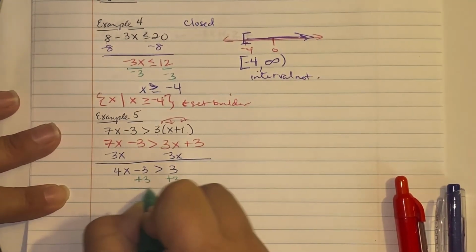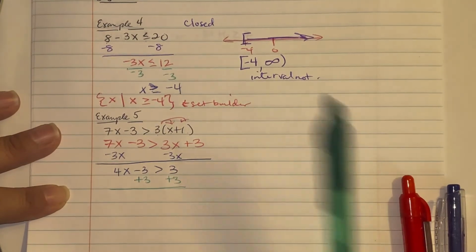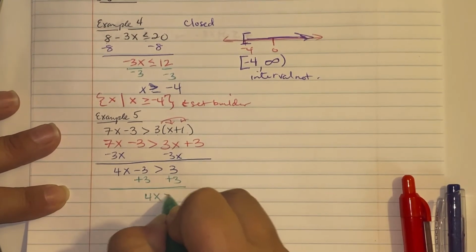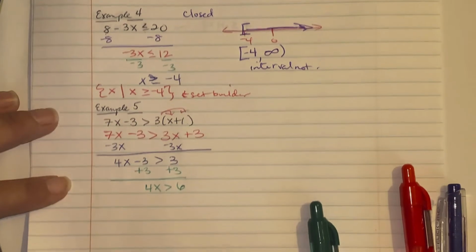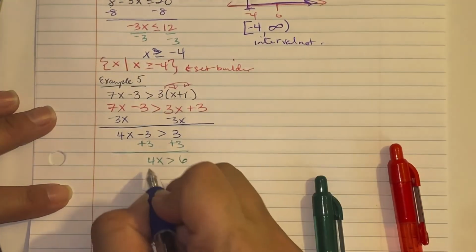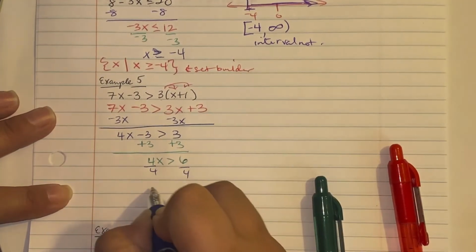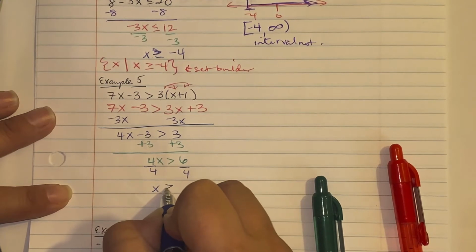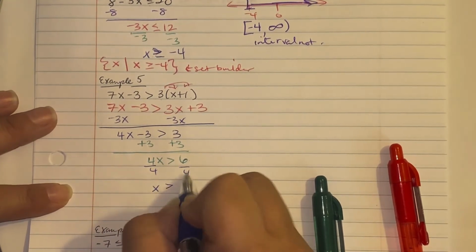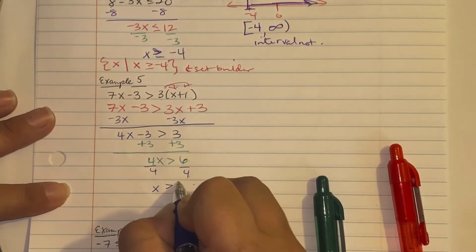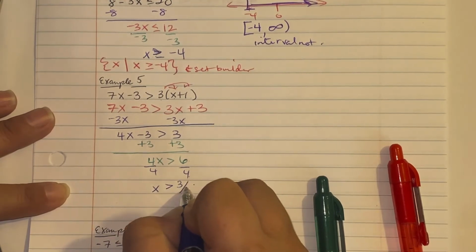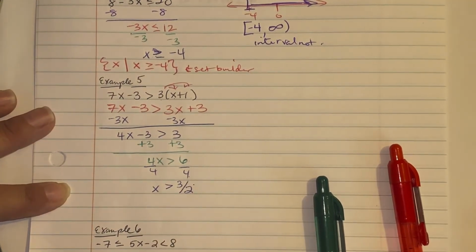So we get 4x greater than 6. We are dividing both sides by 4. x is greater than 6/4. 6/4 is reducible. They're both positive whole numbers and even, so 3/2. Yes, it's okay to have fractions as an answer.